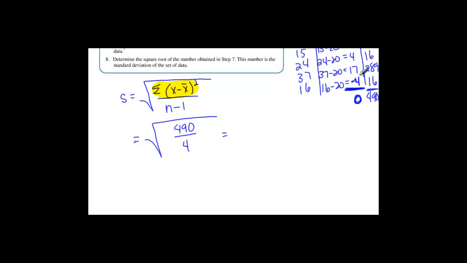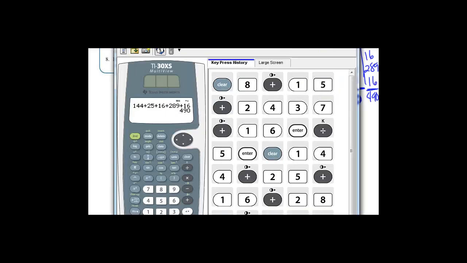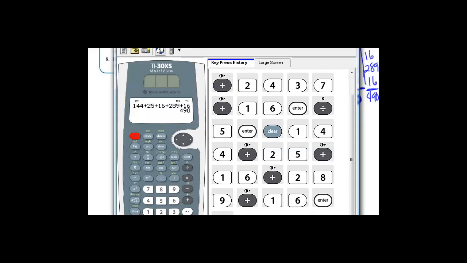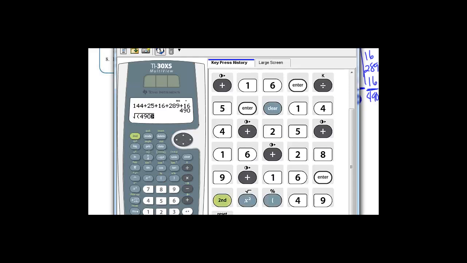And then in my calculator, we can do this all at once. Let's do that. We'll take the square root of, I'm going to open up my parenthesis because I will have a fraction here, 490 divided by 4, close the parenthesis, press enter, and I end up with 11.06.